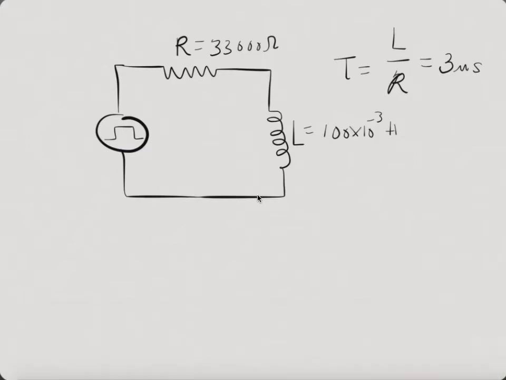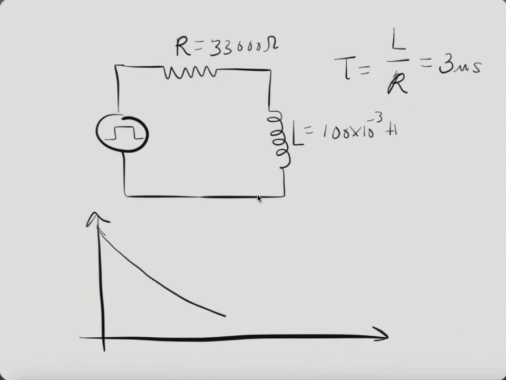Now, this is how we're going to experimentally verify this. It takes approximately 5 time constants, and those are 5 taus, for this phenomenon to take place, for the inductor to completely get rid of all of its energy. So this is about 5 time constants.